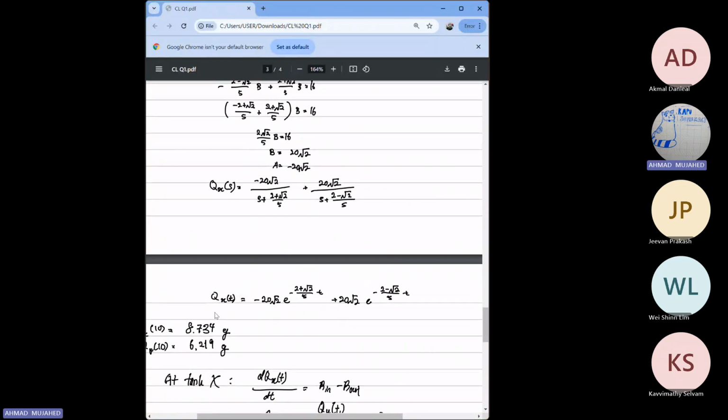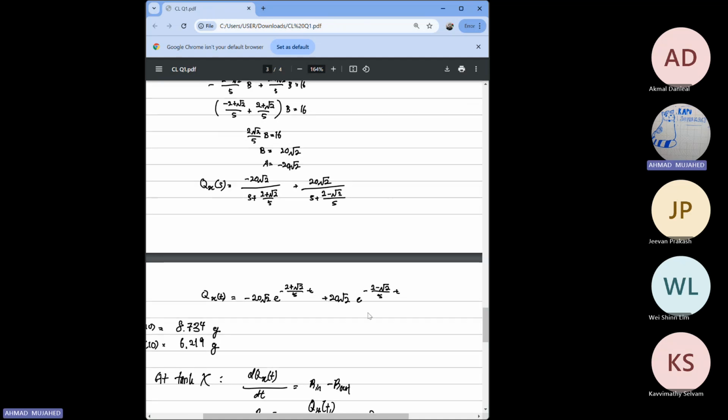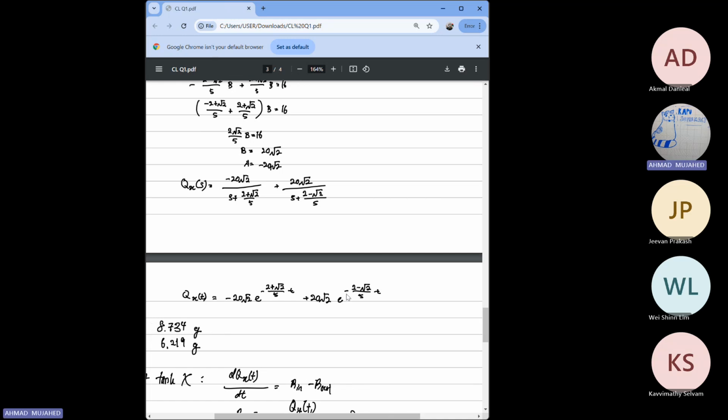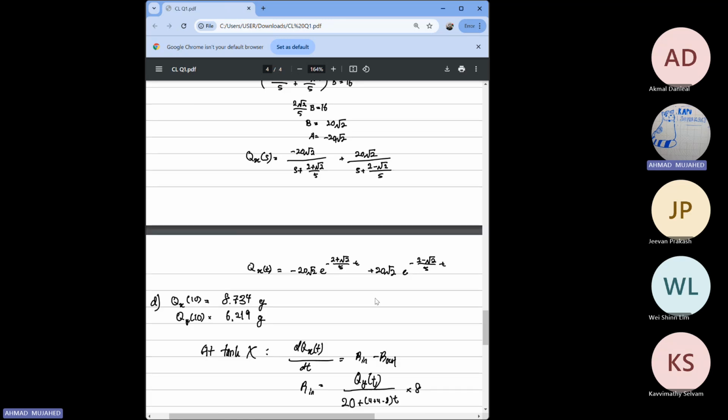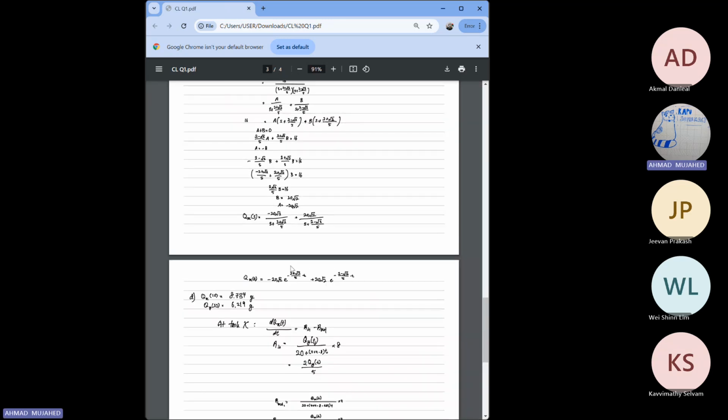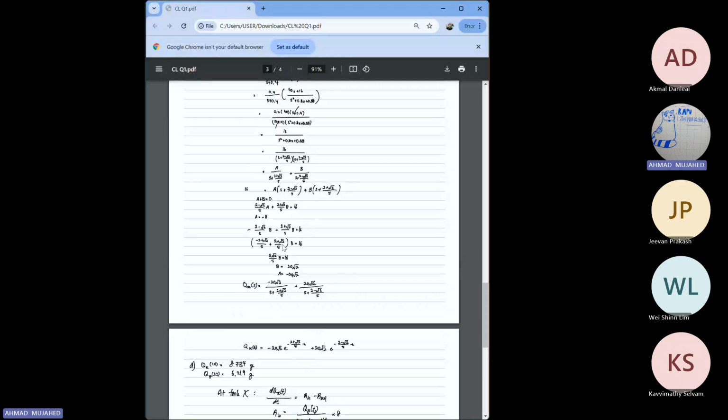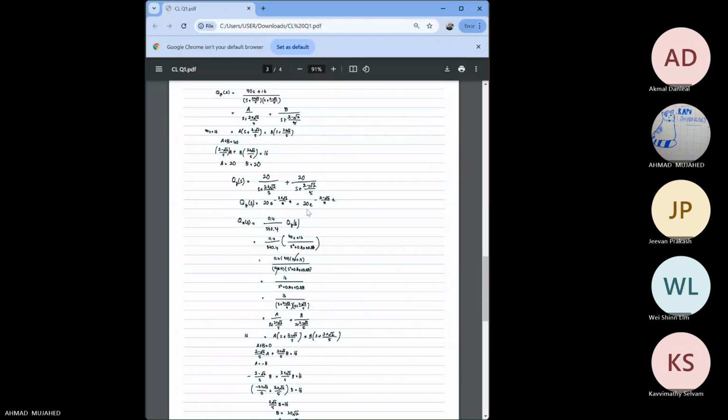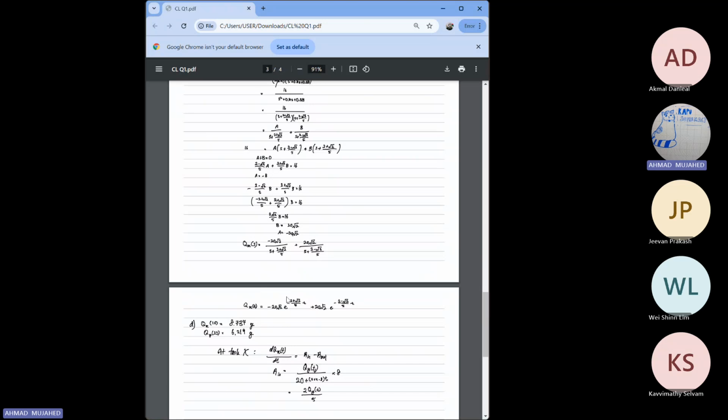So x(t) equals minus 20 root 2 epsilon to the power of negative 2 plus root 2 over 5 t plus 20 root 2 epsilon to the power of negative 2 minus 2 root 2 over 5 t. That's your Qx, and here's your Qy. See, they didn't put it together.